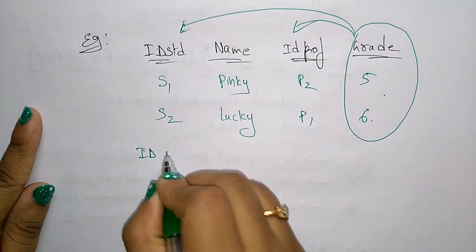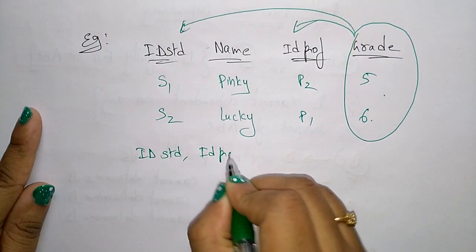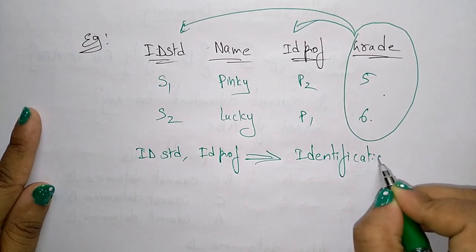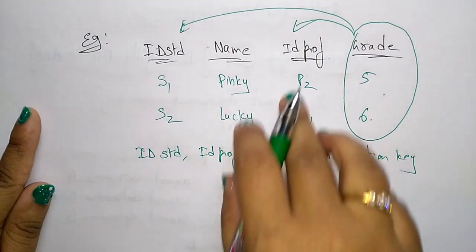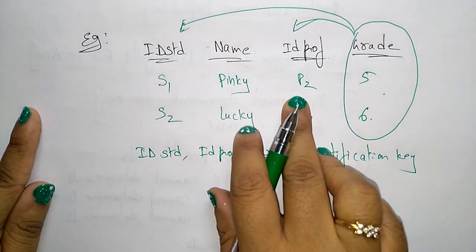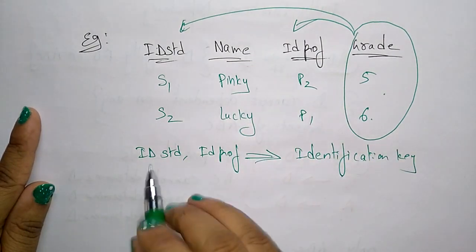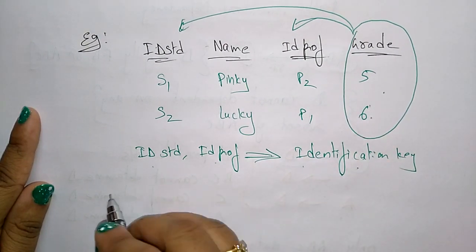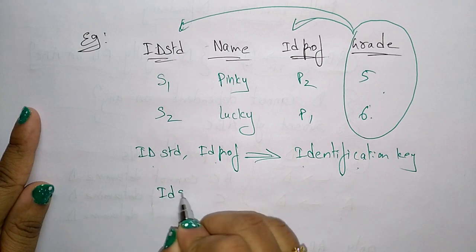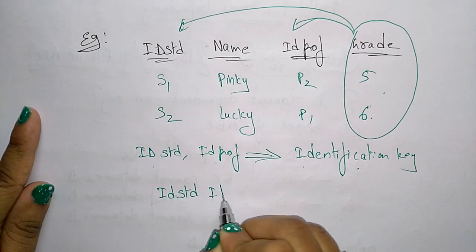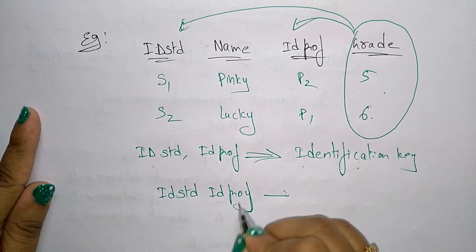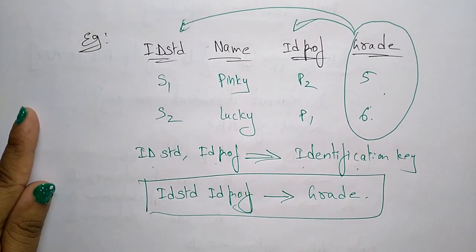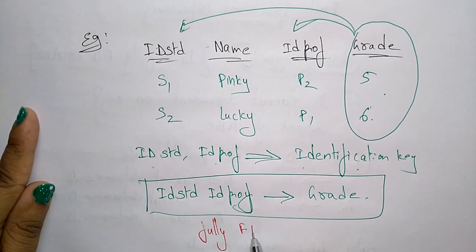ID student as well as ID professor are identification keys, because those are the IDs. The IDs will not be multiple, only unique values. So the attribute grade is fully functional dependent on ID student and ID professor.